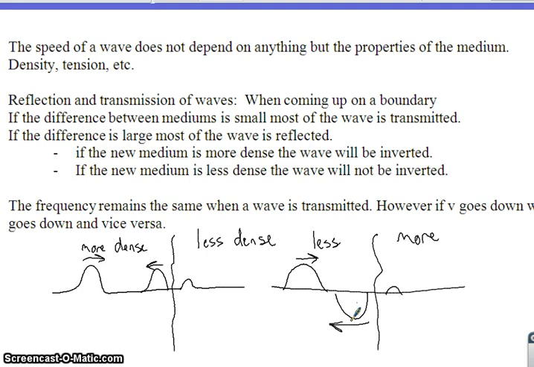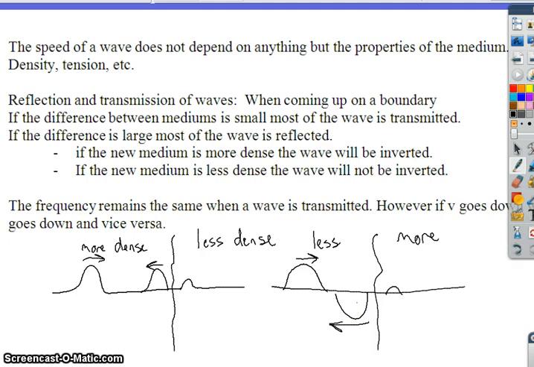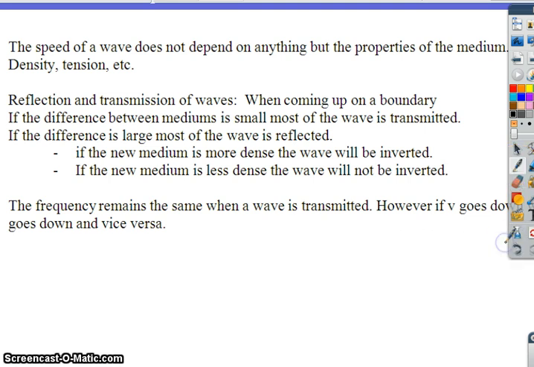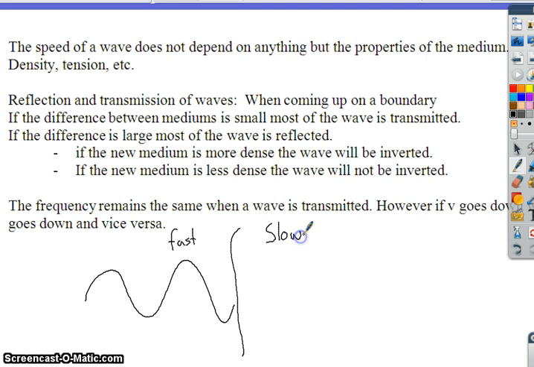Okay. So let me put a different kind of picture of that in. Okay. So let me clear these out. So now let's say I have some waves coming in, and there's a boundary here, and the waves move very fast here, but move very slow there.